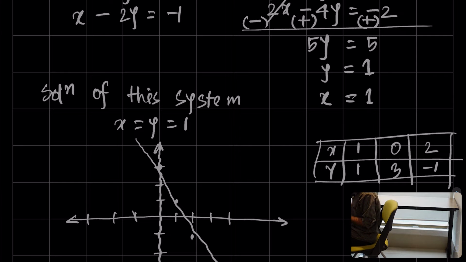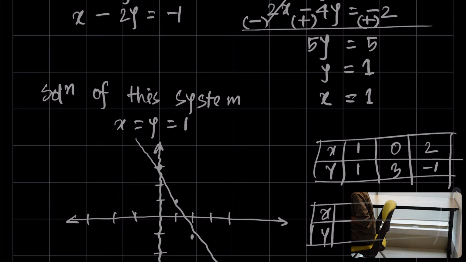for the first equation. And for the second equation, if I follow the same rule, with x equal to 0, this is going to be y equals a half; x equal to 1, y equals 1; x equal to 3, y equal to minus 2.